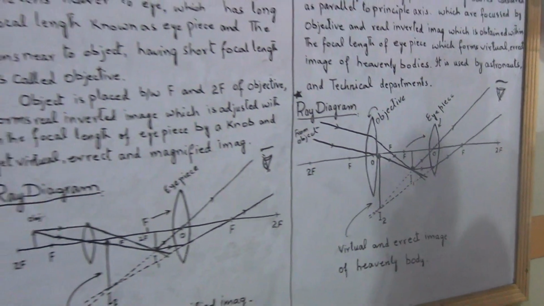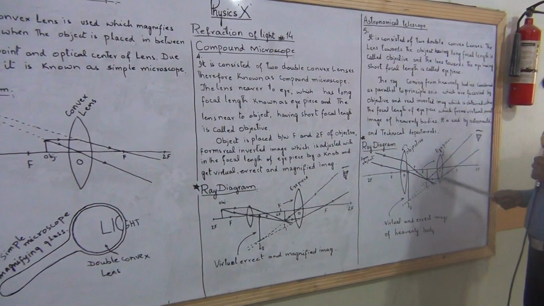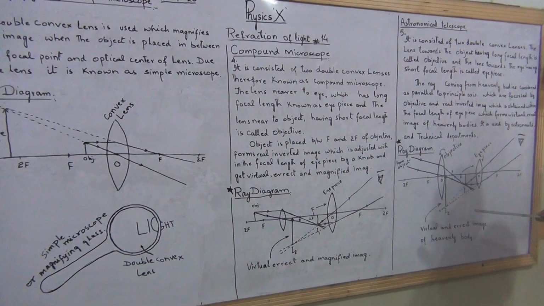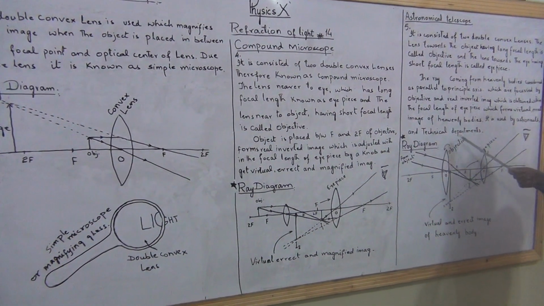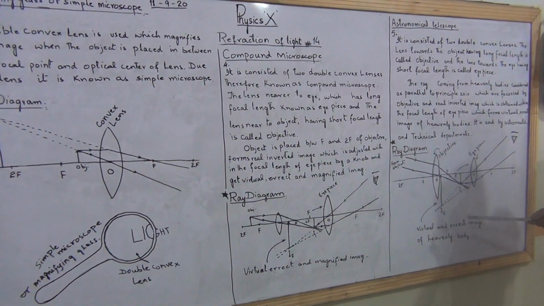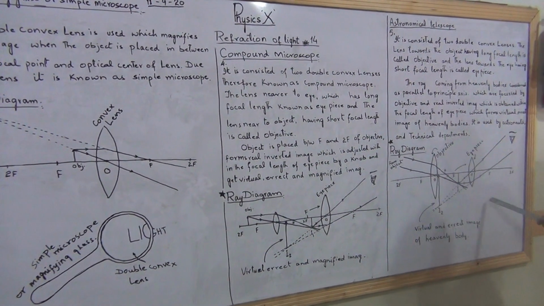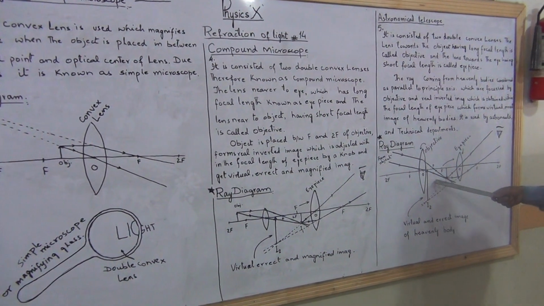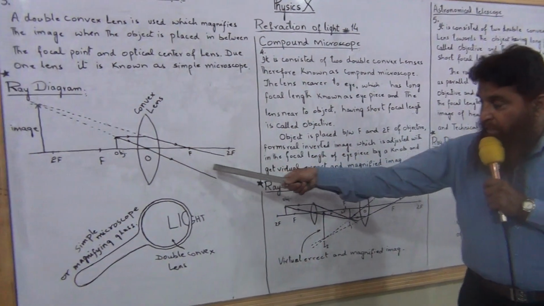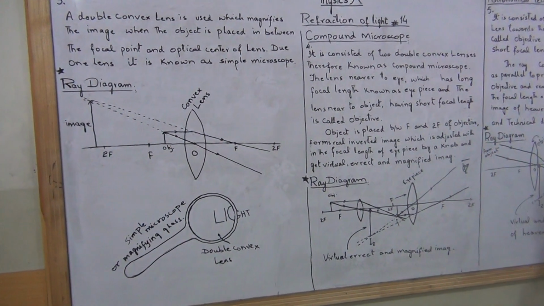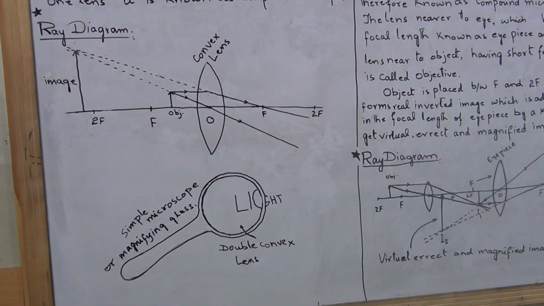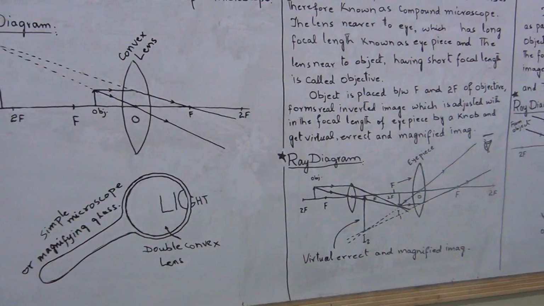Now students, you have to draw these diagrams and learn them because they come in a long question of 4 marks, in which 3 marks are for the ray diagram only and 1 mark is for the description. It means these are very important.